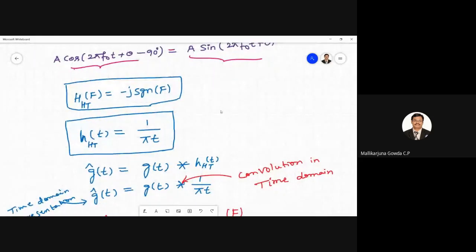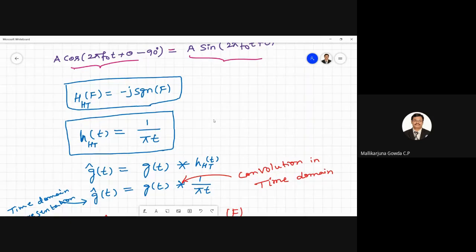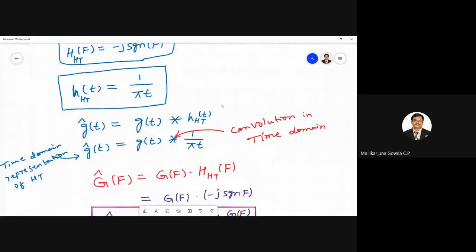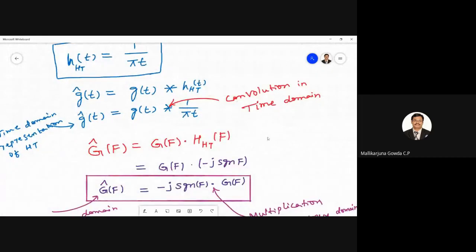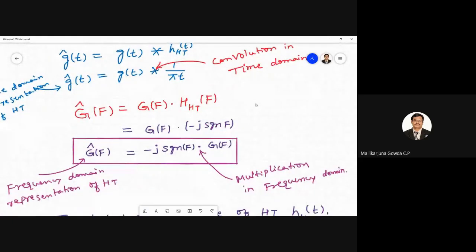Okay, so I think we were discussing this. I told you the impulse response of the Hilbert transform in time domain is equal to 1 by pi t, and its Fourier transform will be minus j sgn of f. I asked you to find out how we get that, and I started deriving it.